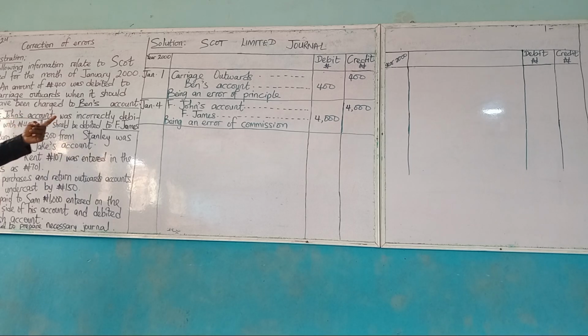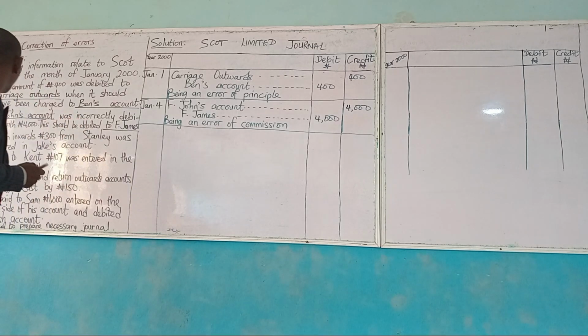You can say, being an error debited to F. John's account instead of F. James's account, now corrected.